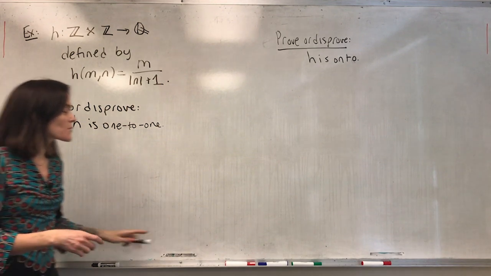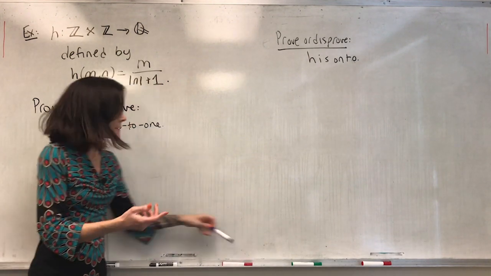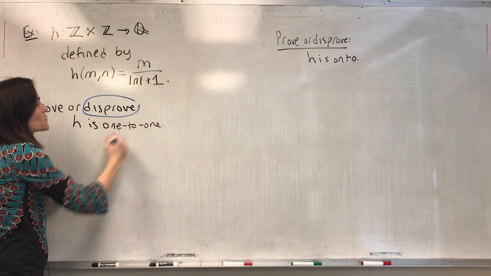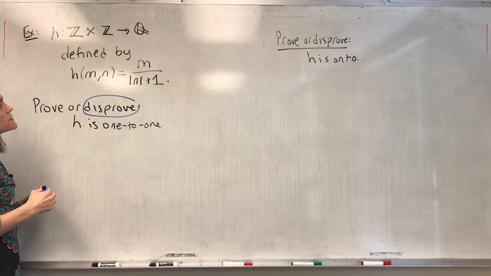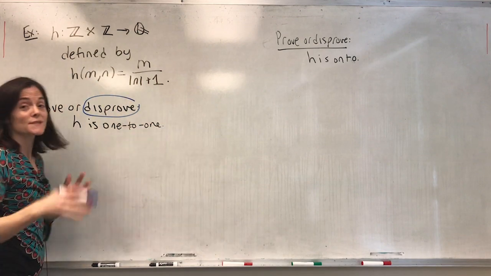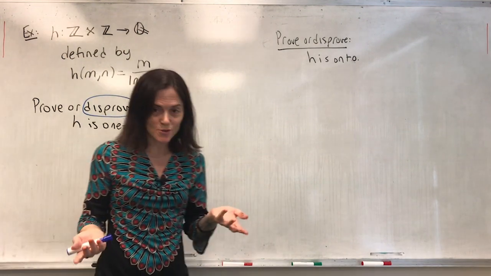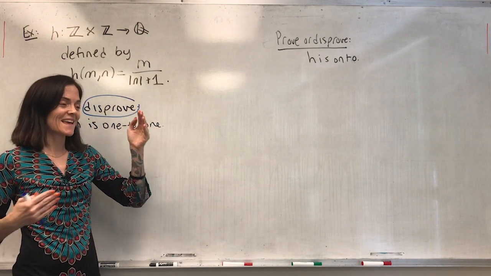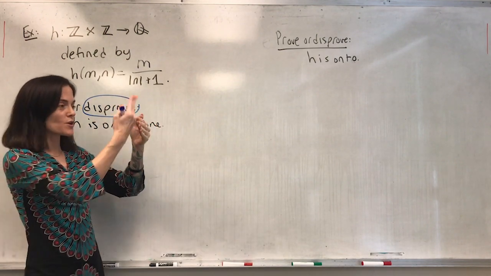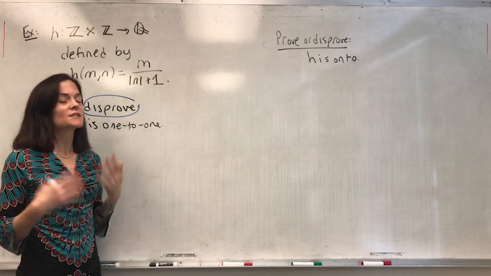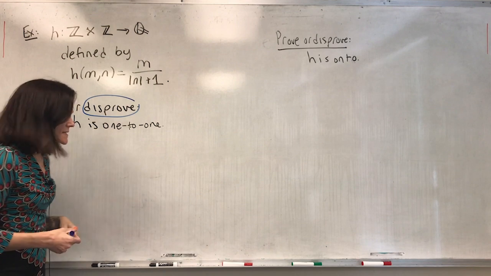But another way you could see immediately that this is a disprove that H is 1-to-1: we're sending in pairs of integers, but anytime you see an absolute value somewhere in your function, you can put in both positive and negative potentially. That's a pretty good sign it's not going to be 1-to-1.